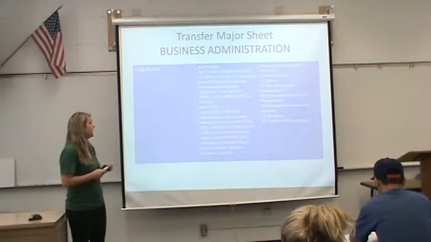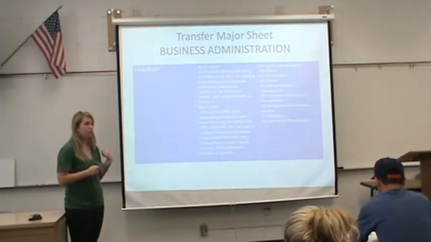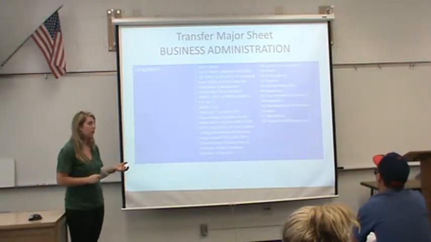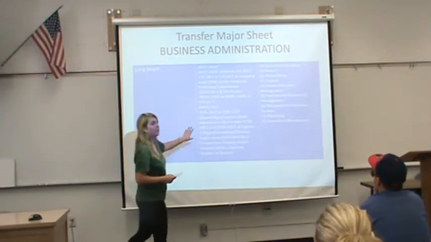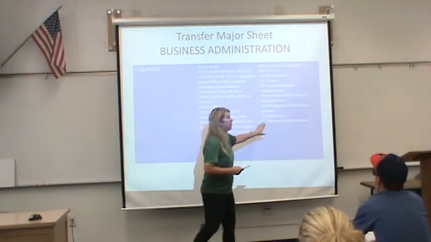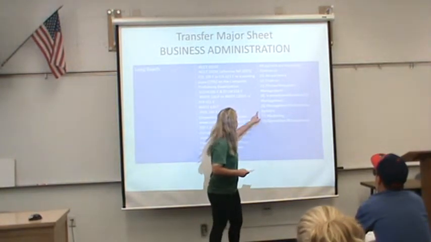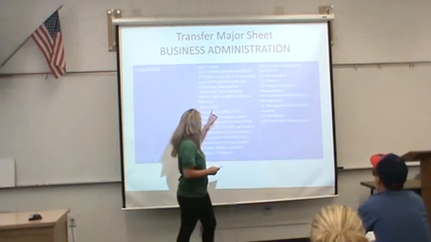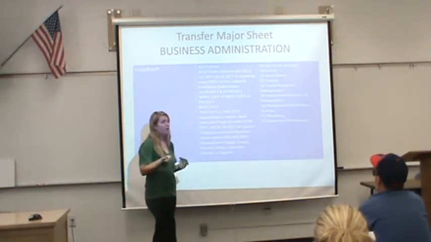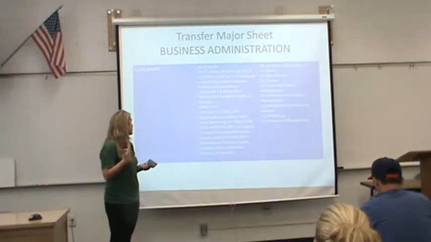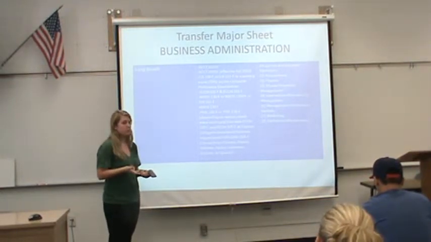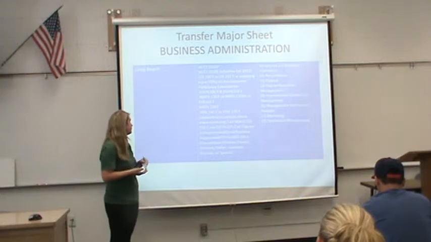This is what I needed to take for major preparation for my major at Cal State Long Beach. So for everyone, it'll list what school you are looking for, the classes you need to take, and if your major is impacted. I chose finance as my major, so I had to take all of these, which is Accounting 101, financial accounting, managerial accounting, CAS 111 or a passing score, and I chose the passing score.